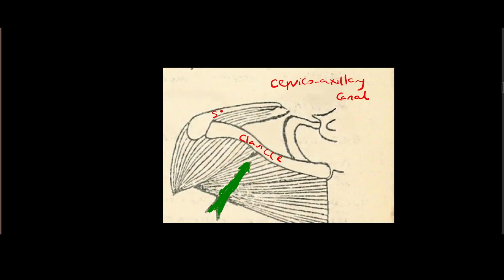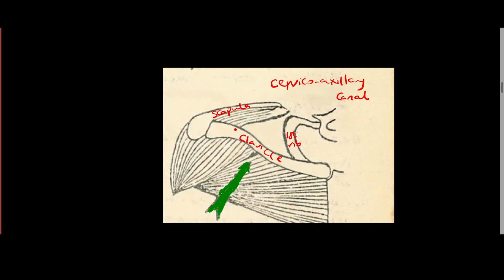Now this is the scapula. So its superior border forms the posterior boundary. Now the medial boundary of the apex of the axilla is formed by the outer border of the first rib. Now this is the first rib. So its outer border forms the medial boundary of the apex of the axilla.